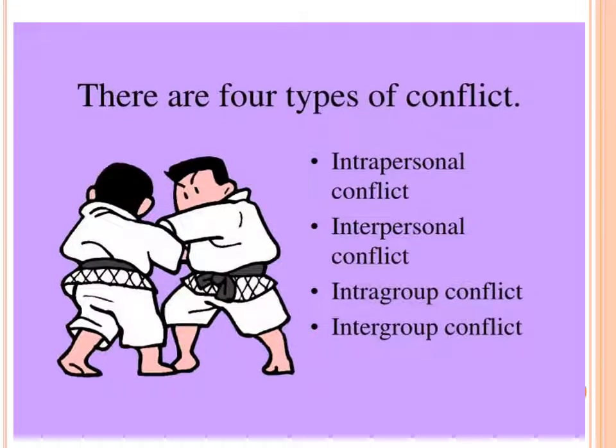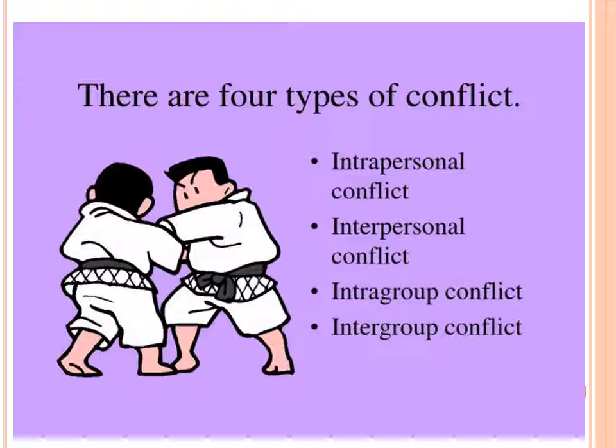Basically, there are four types of conflicts. First, intrapersonal, that is, the conflict within an individual. For example, at times we are confused to take a decision like which course to study.